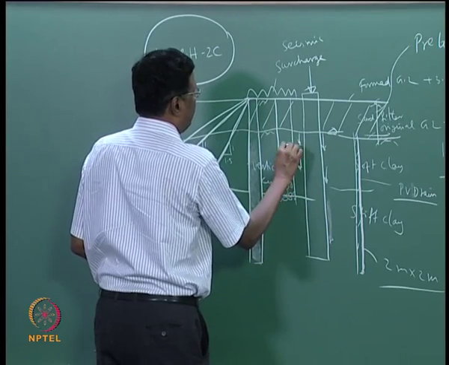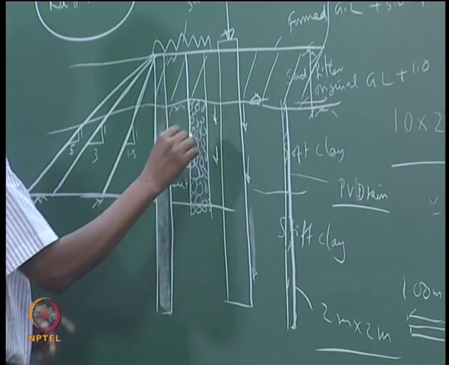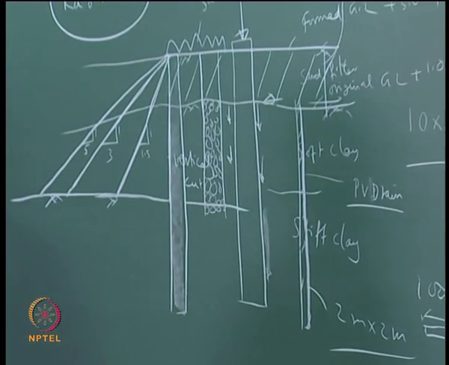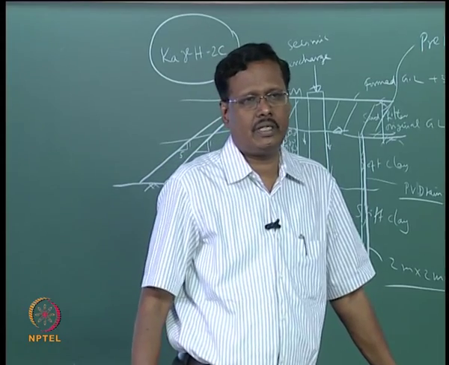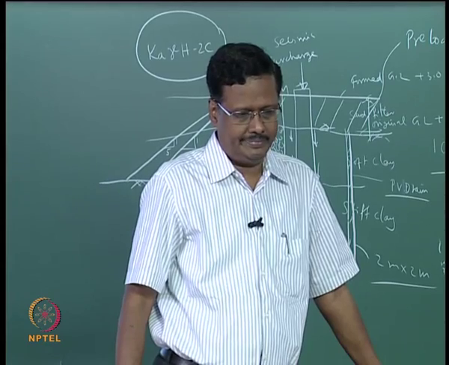See here what you are doing is you are removing the soil and replacing it by stone. So vibro replacement can be either with sand or with large size stones. This also can be done to improve the property.